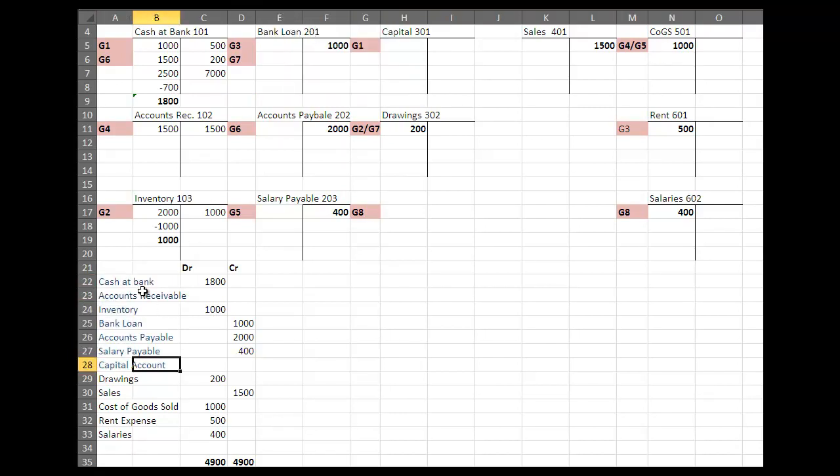Those items are what's called our permanent accounts, and these are our temporary accounts. Our balance sheet will be made up of these, and items from here down, leave drawings out, will make up our income statement. Then we take the profit or loss we've made in the income statement and combine that with drawings to produce our statement of changes in owner's equity.